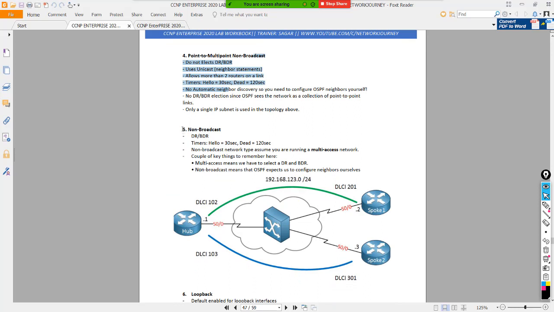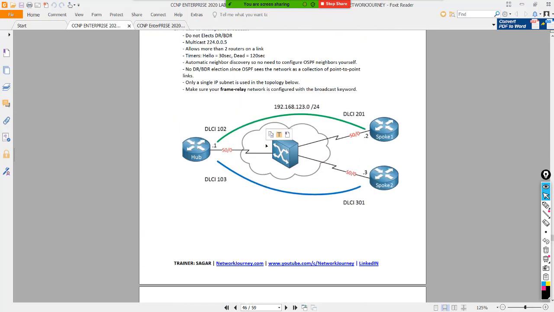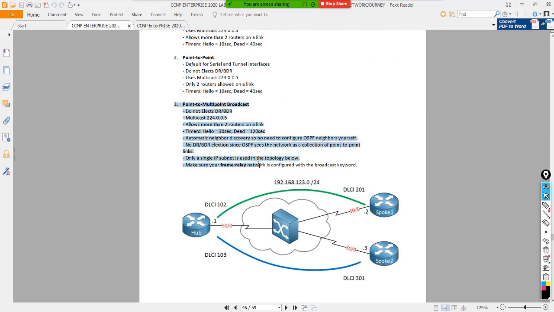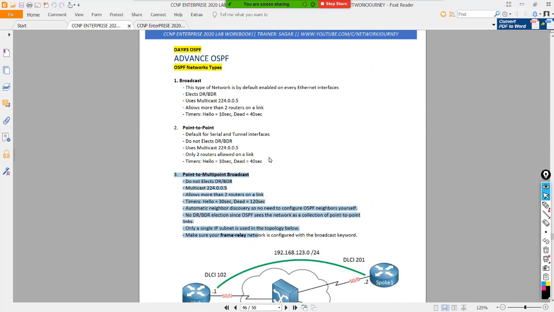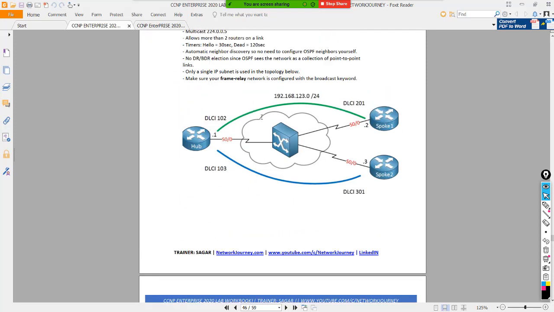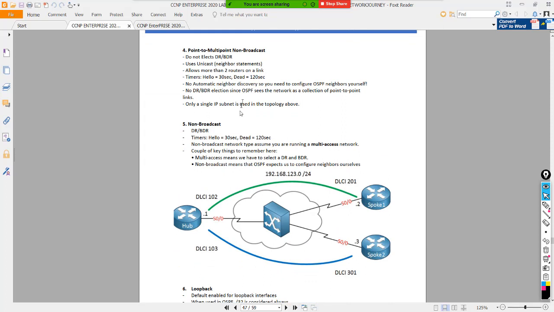But when you start with non-broadcast, there is election of DR and BDR. The timers are 30 and 120 seconds, starting from the third point. The first two types covered 10 and 40 seconds. Starting from the third network type, they follow the 30 and 120 pattern.